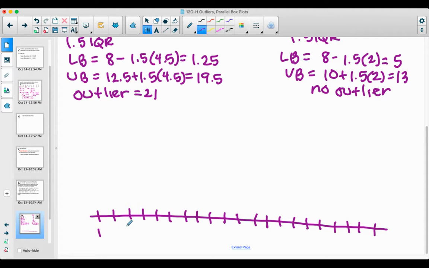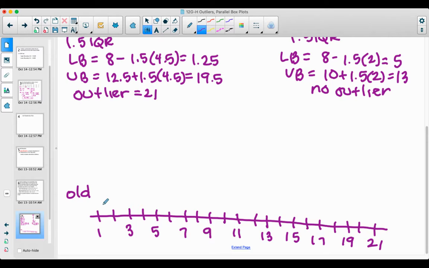So we have 1, 3, 5, 7, 9, 11, 13, 15, 17, 19, 21. And I'm going to put my old here.